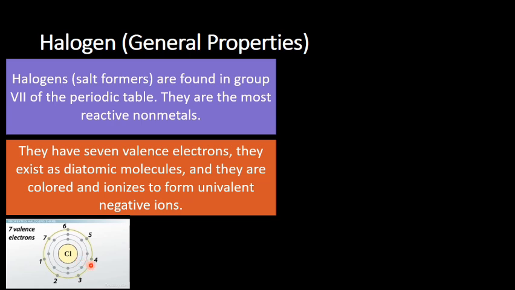If you look at this outermost shell, the number of electrons in the outermost shell is 7. The electrons in the outermost shell, we call them the valence electrons. So all the halogens have 7 valence electrons in their outermost shell.